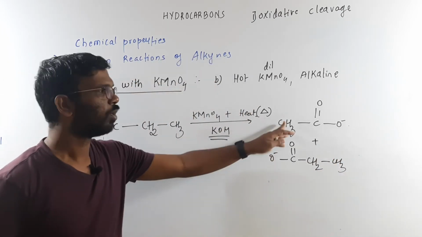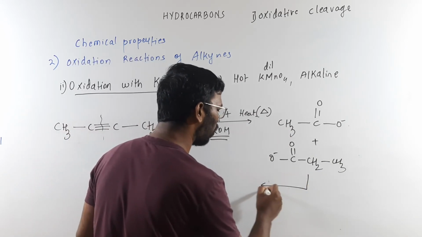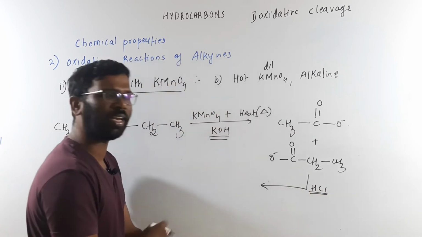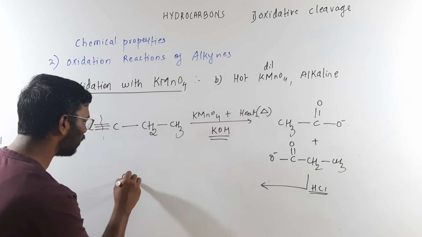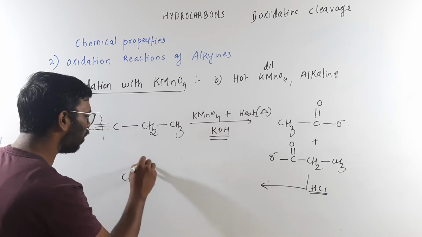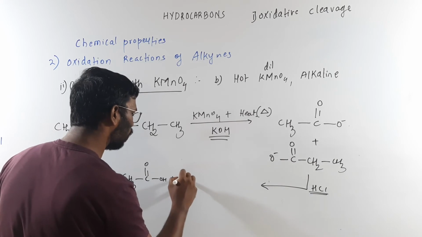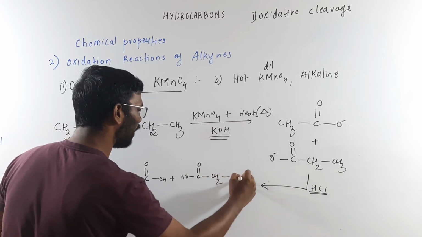These are the two carboxylate ions which we are getting, and further, in the presence of a very little amount of acid, this will give me CH3, C double bond O, OH, and the other will be OH, C double bond O, CH2, CH3.